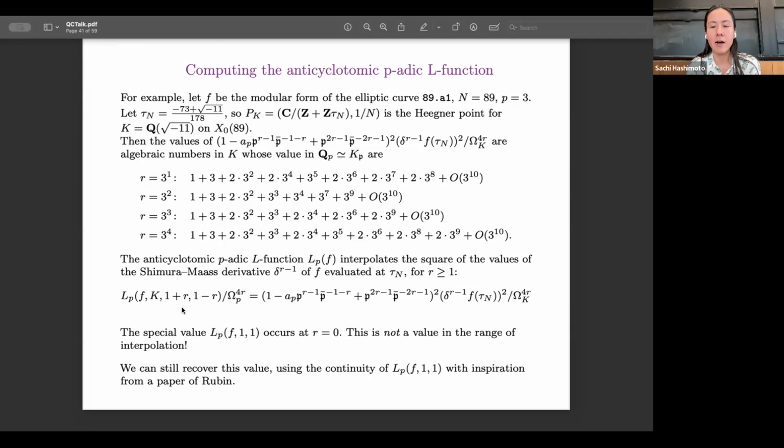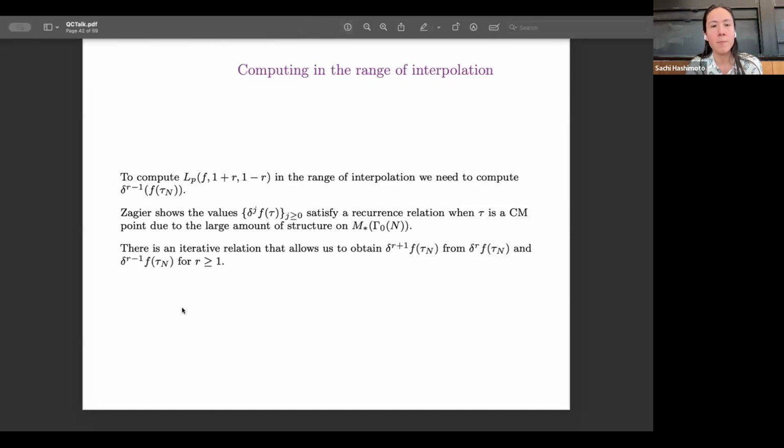And so this idea comes from inspiration from a paper of Rubin. And so before I tell you about this, it does rely on being able to compute in the range of interpolation. So let's say a couple words about how to compute something in the range of interpolation. Well, to compute any value here, we would need to compute the Shimura-Maass derivative of our function evaluated at a CM point.